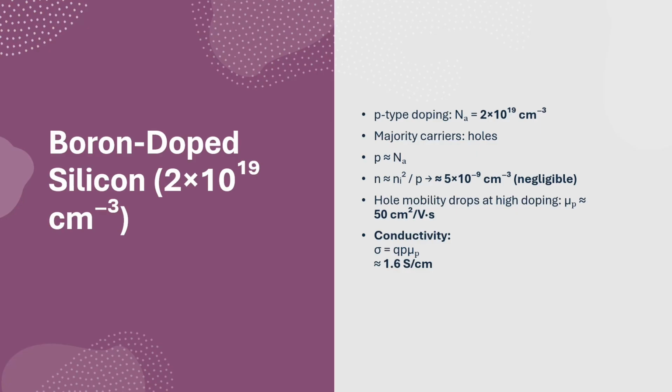At this doping level, the hole mobility drops significantly from 480 all the way down to 50 due to impurity scattering. When we calculate conductivity using sigma equals q times p times mobility, we get about 1.6 S per cm. This is many orders of magnitude higher than intrinsic silicon.